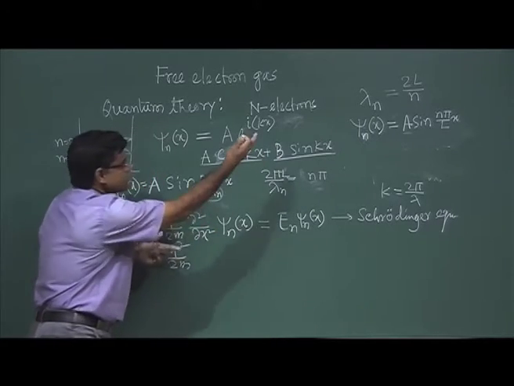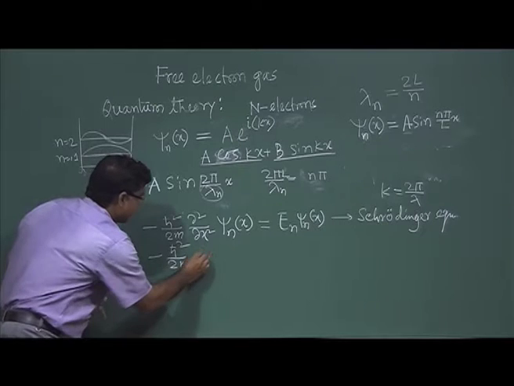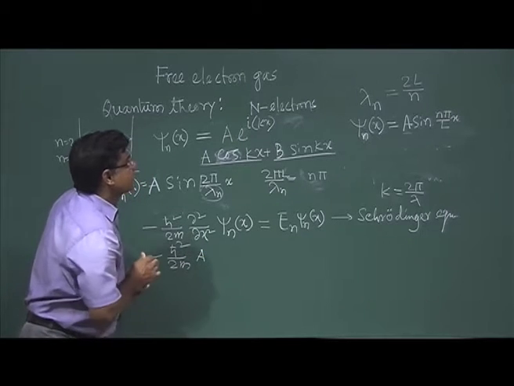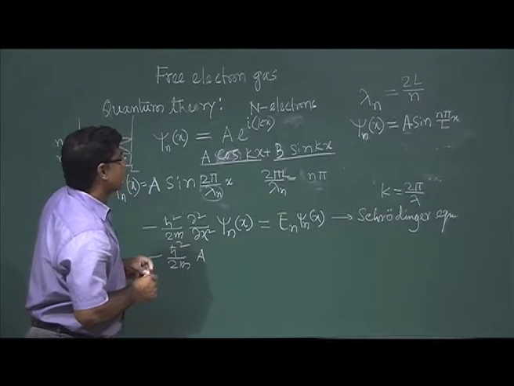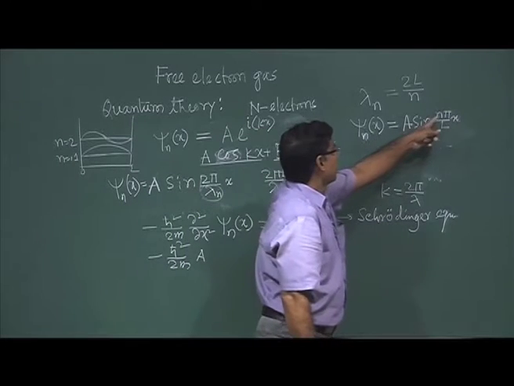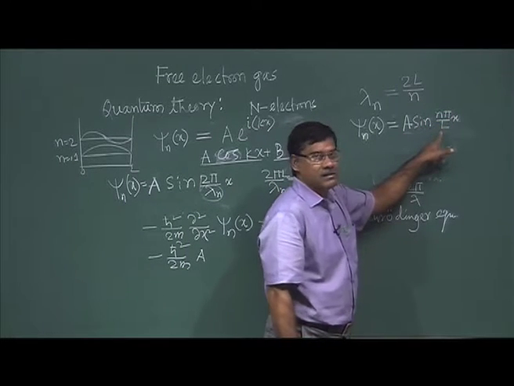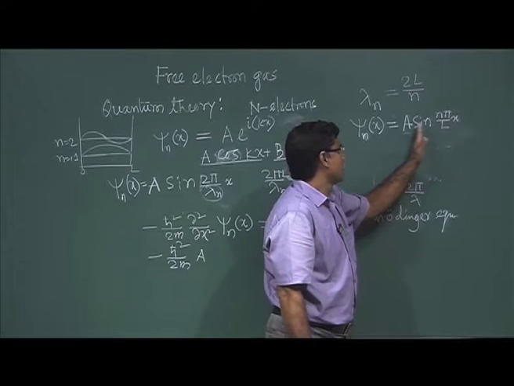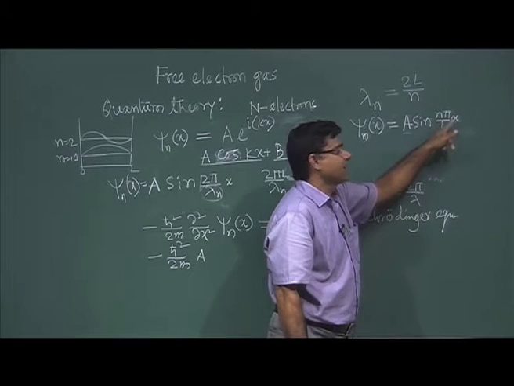So, twice differentiate if you do, your A is there, and then it will come n pi by L cos n pi by L x.